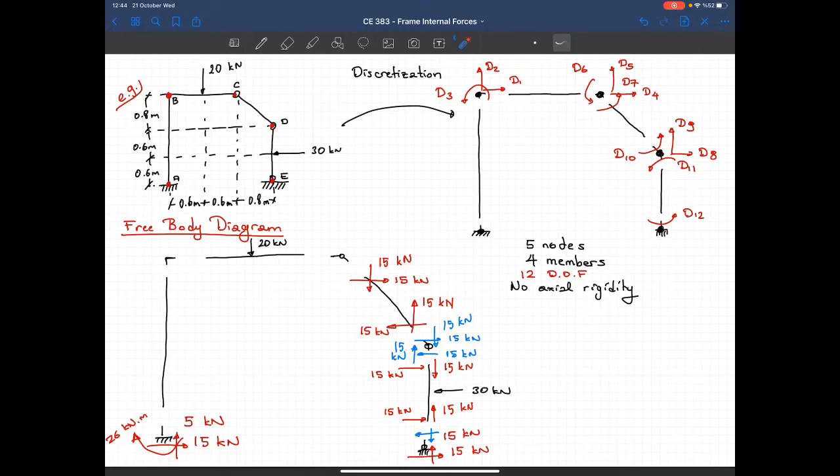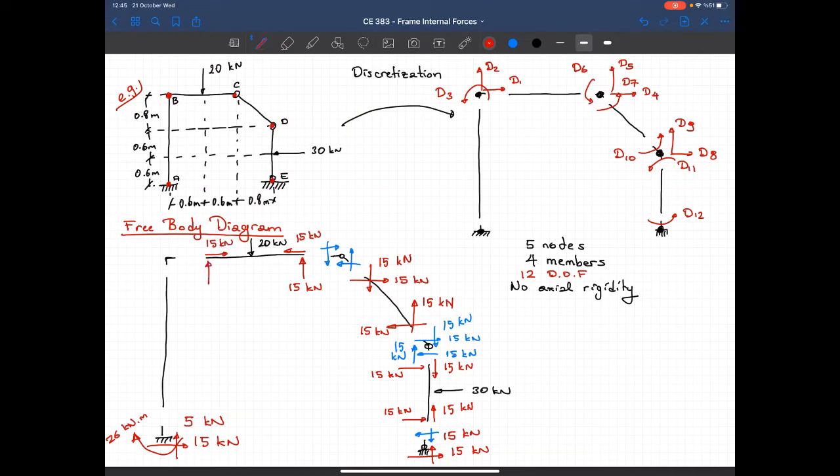Now let's continue. I will continue from node C. So I'm transferring these forces to node C. Vertical force in the minus x direction, and like that. And here I have 15 kilonewton as my vertical reaction and 15 kilonewton as the horizontal reaction. Now I'm writing the equilibrium equation for this member. In the axial direction, this should be equal to 15 kilonewtons.